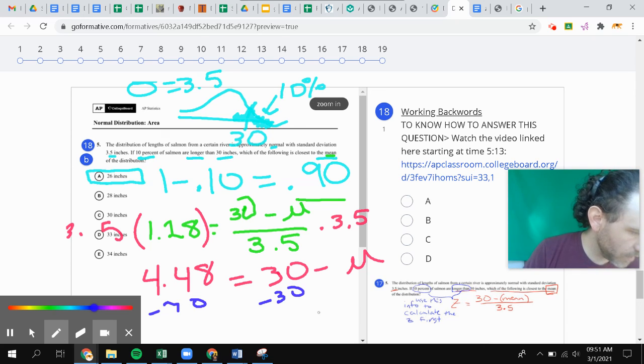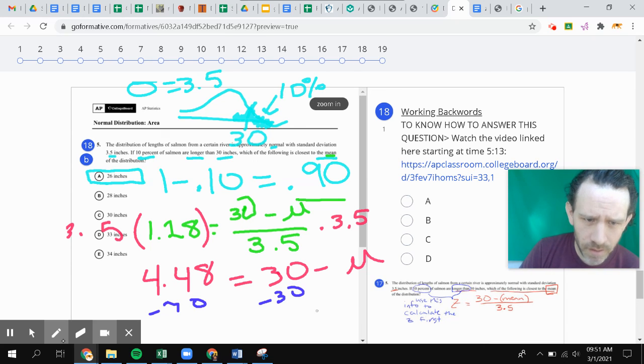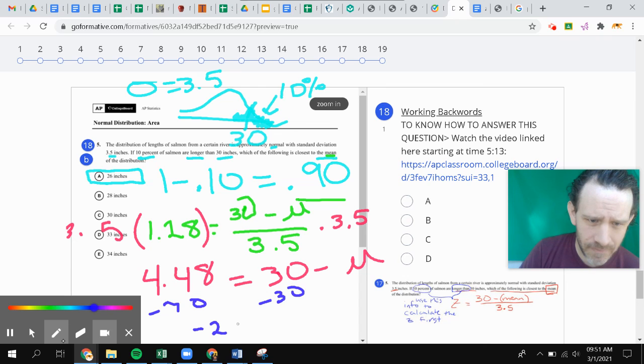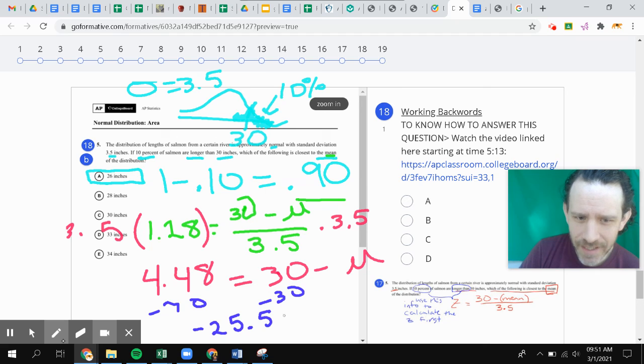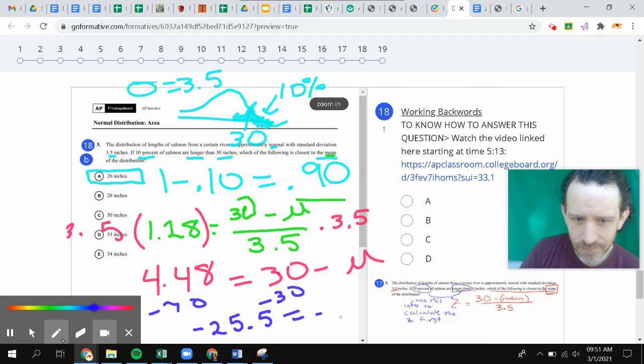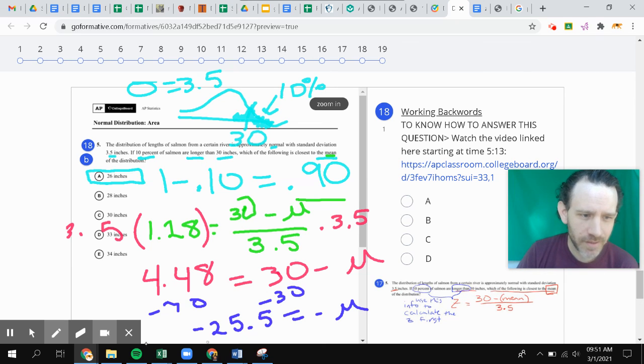And that means that we have negative 25.52, which equals a negative mean. And if I look at my answer choices, negative, negative, those cancel out. So the answer is closest to 26. And there you have it.